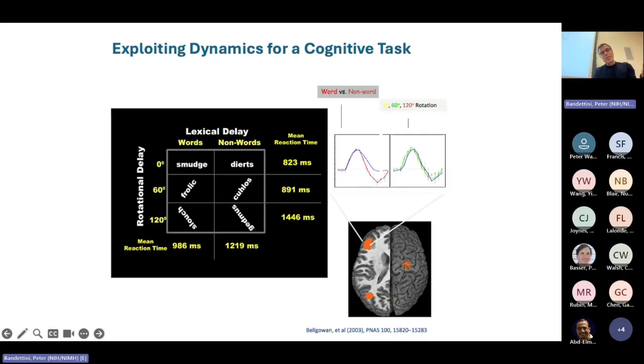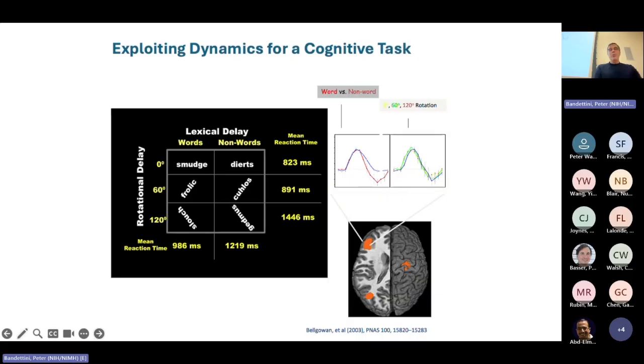It turns out, though, that if you looked at the delay that occurred naturally with rotation, as a function of how much the word was rotated, the onset of the left anterior prefrontal cortex was delayed.